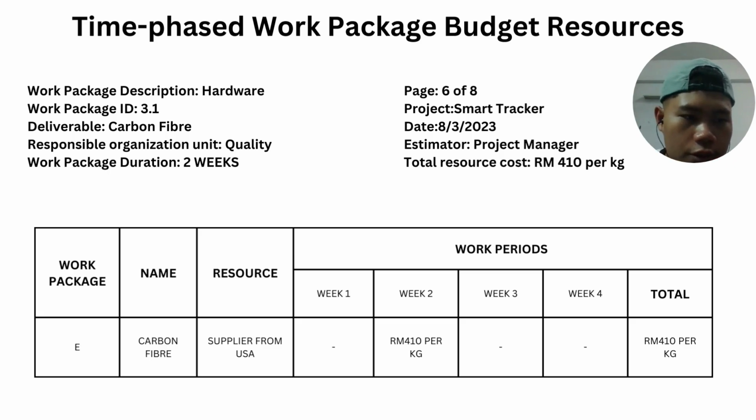The work package is E, build and test hardware, and the resource is supplier from USA. And the total resource cost is 410 ringgit per kilogram.